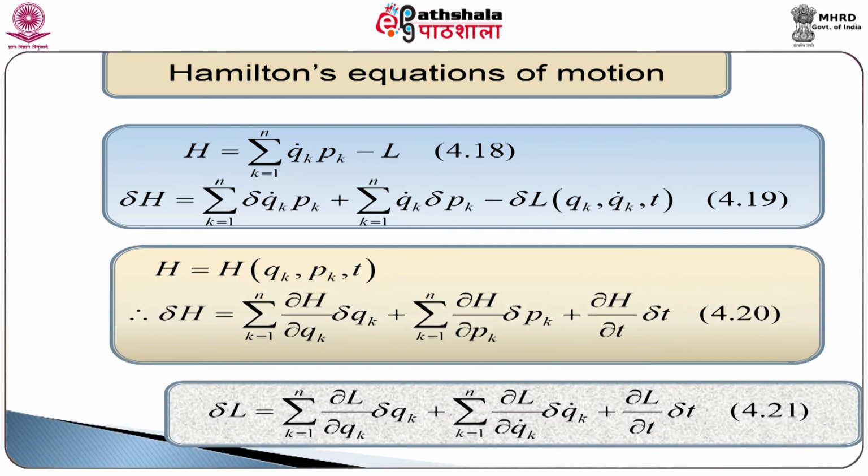Now, Hamiltonian H is a function of generalized coordinate qk, generalized momenta pk and time t.